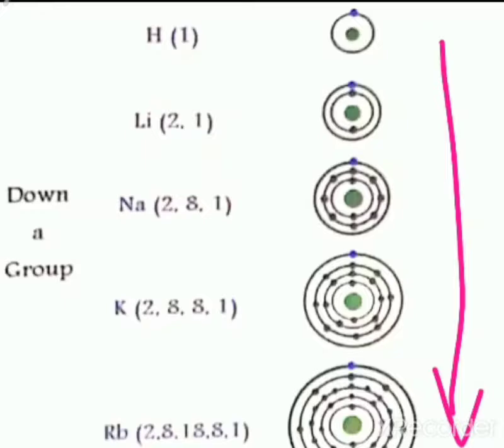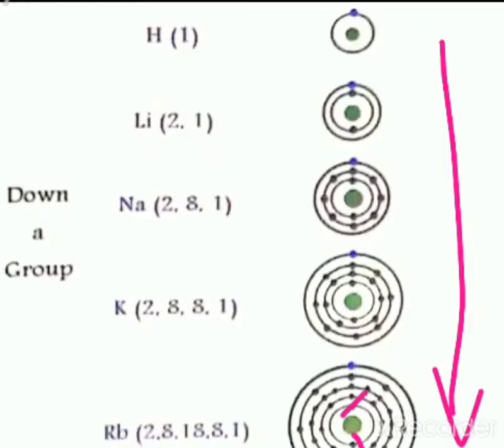Here the atomic size increases, you can see. Atomic size increases means the distance from the outermost valence electron to the nucleus is very far. That means the valence electrons are very far from the nucleus, so the attraction will not be there.